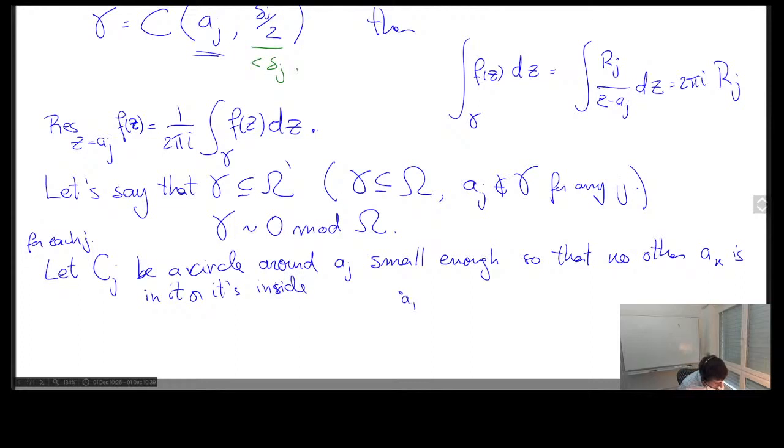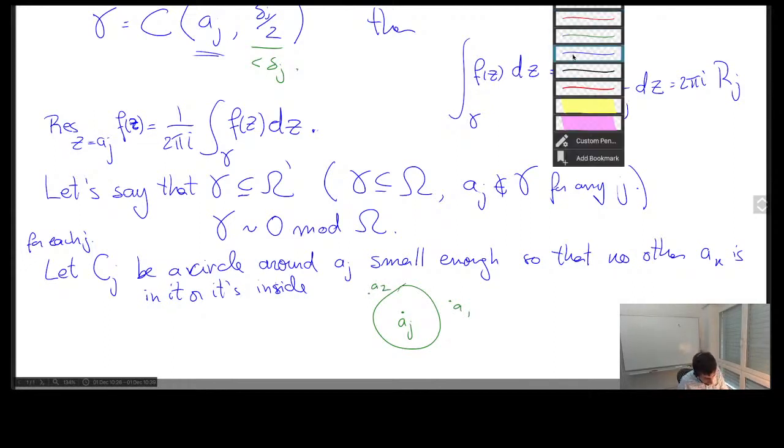So I have a_j, maybe I should use another color to draw pictures. I have a_j, and now I take a circle so that all the other a_1, a_2, and so on, all of them are outside.